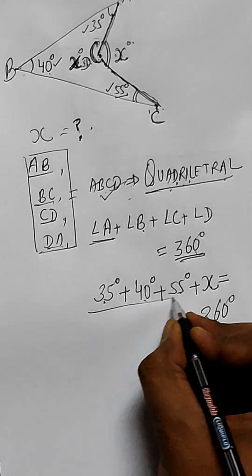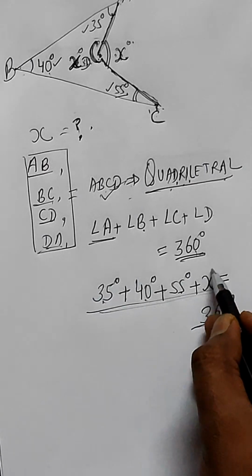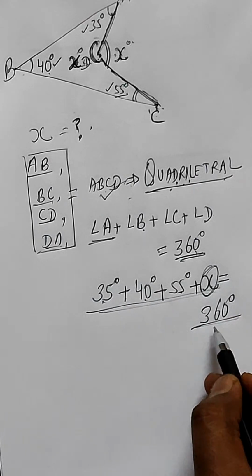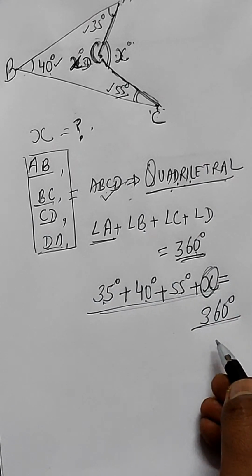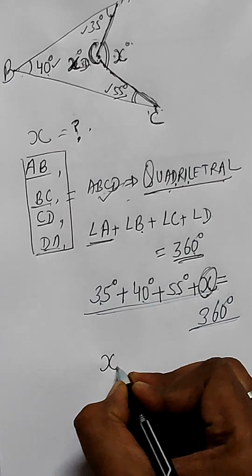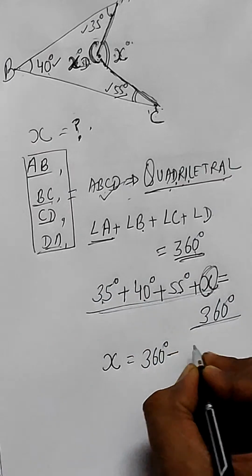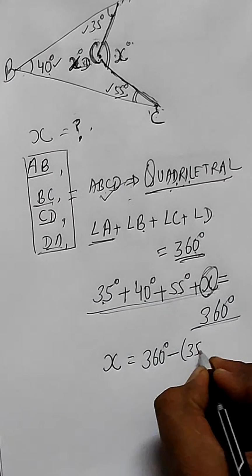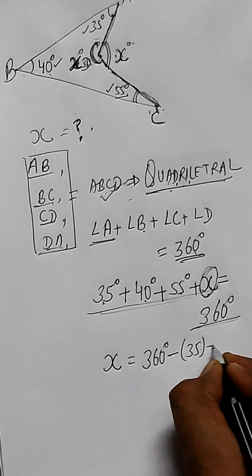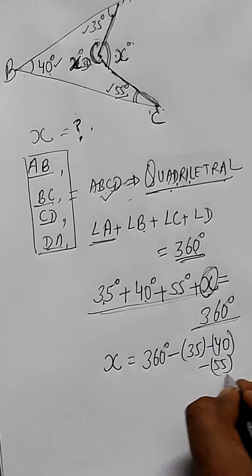Now this is a very simple equation, a linear equation in one variable where x is the variable and we know the other values. So it's very easy to calculate this value x. So x is calculated as 360 degree minus 35 minus 40 minus 55, right?